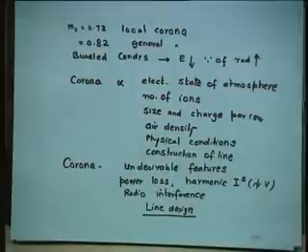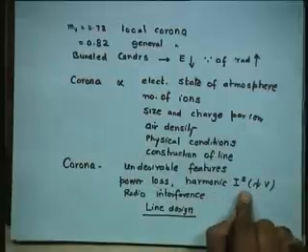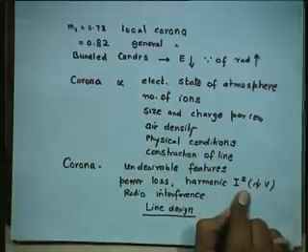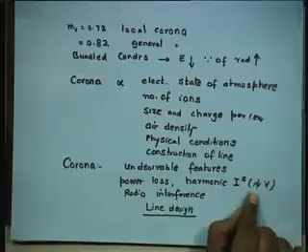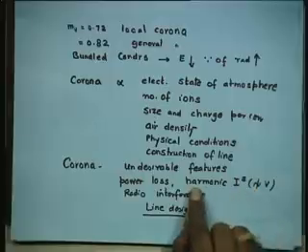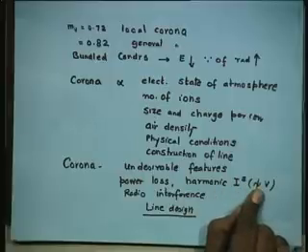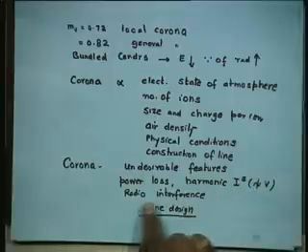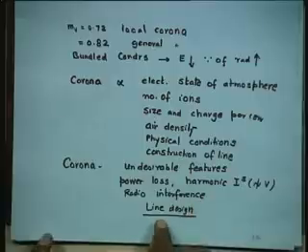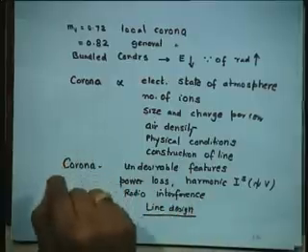Normally, the undesirable features of corona, there is always plus and minus, whatever happens: there is a power loss, there are harmonic currents, which are not proportional to voltage, which are non-sinusoidal, and radio interference. So, while designing a line, you must consider corona.